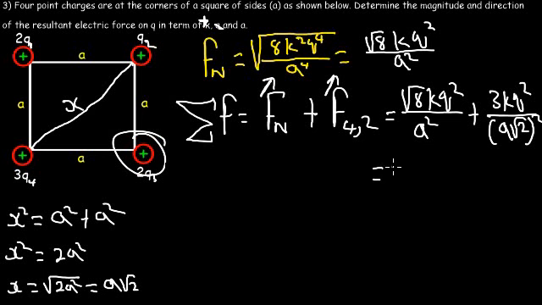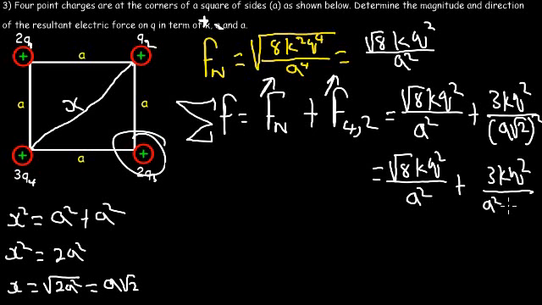So this should become square root of 8 kq squared divided by a squared plus 3kq squared divided by a squared multiplied by 2. That's 2a squared. Perfect. And therefore, the LCM can be 2a squared.